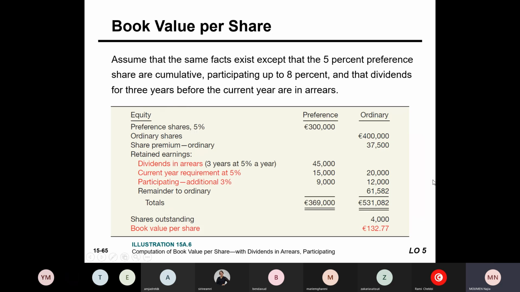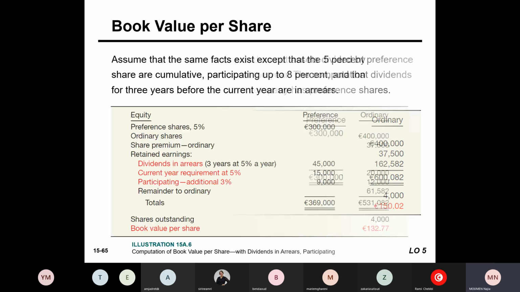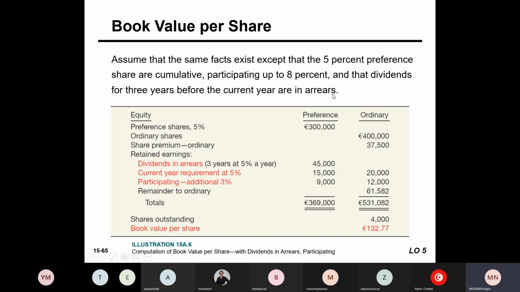From this 162,582 we have to measure how much should be distributed if we are distributing dividends to preference shareholders. We have 3 years in arrears at 5% times the par value of 300,000.